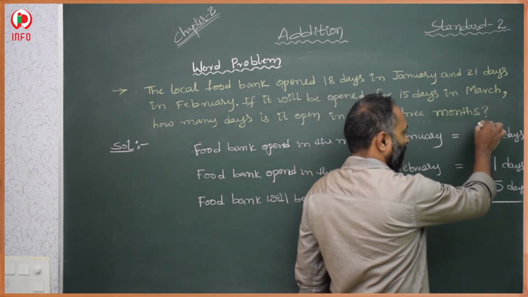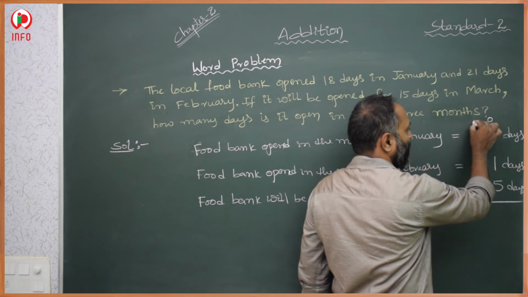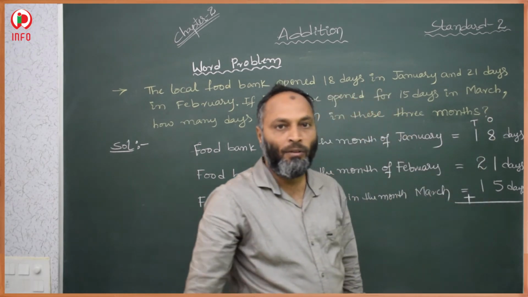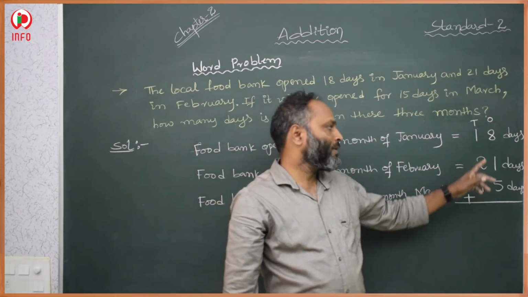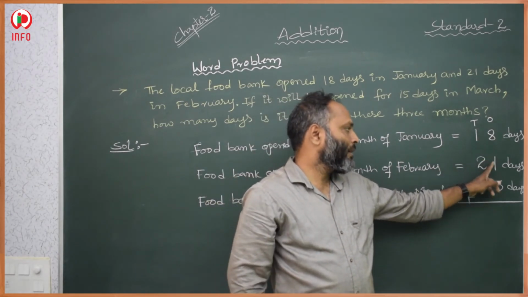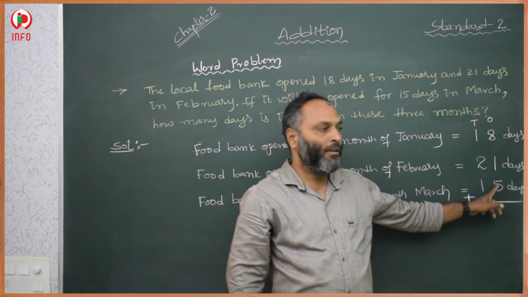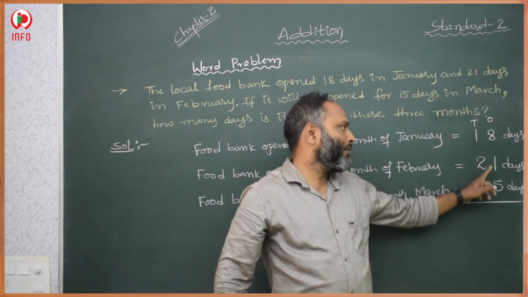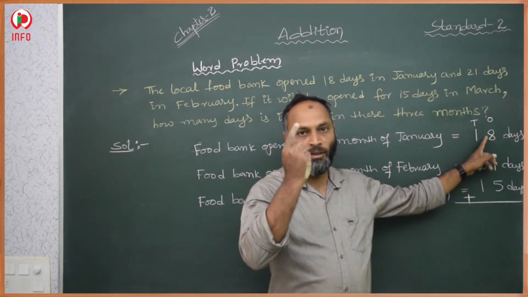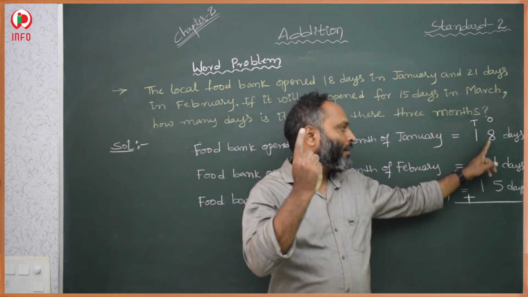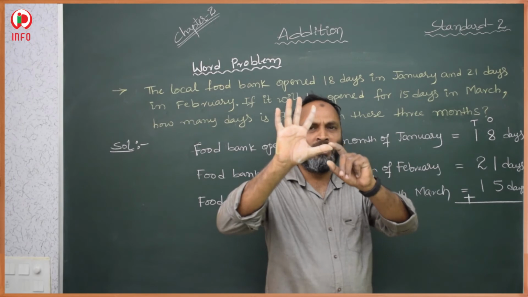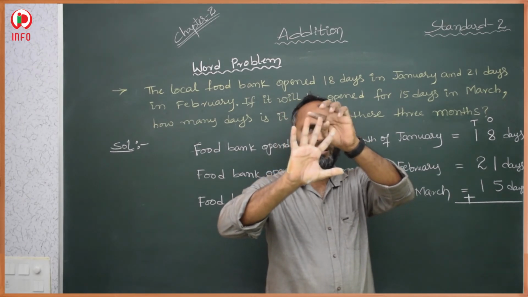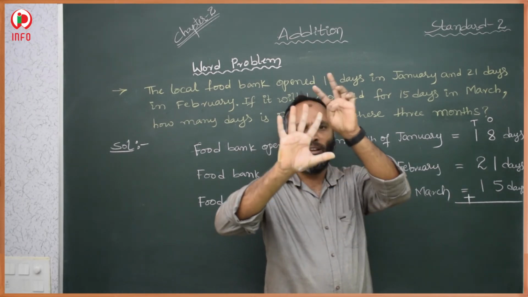So this is ones place, this is the tens place. First we are going to add the ones place values: 8, 1 and 5. 8 plus 1, 9. Then 9 plus 5 is 14.